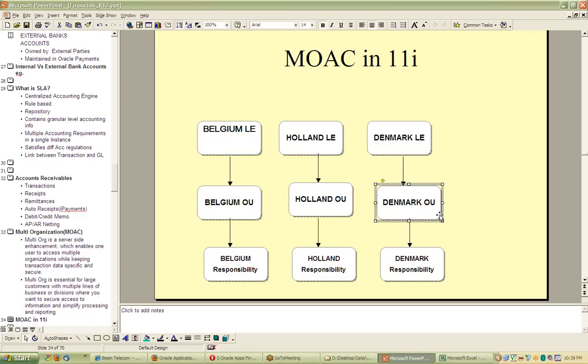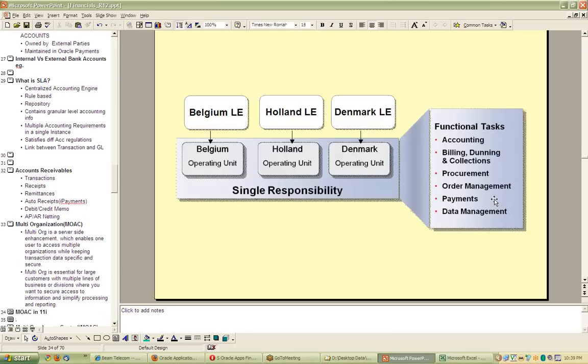In release 12, the change they have brought about is a single responsibility. He need not log out and log in every time; within the same responsibility, he can select different operating units.